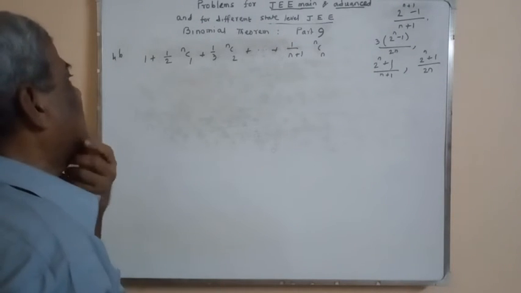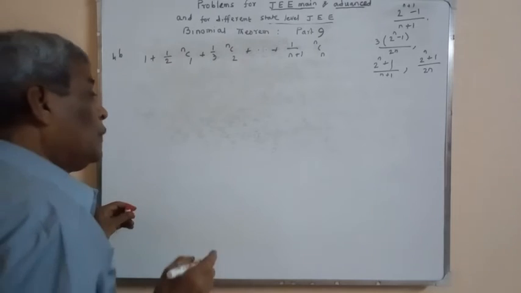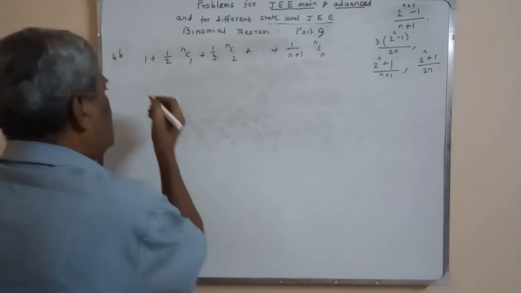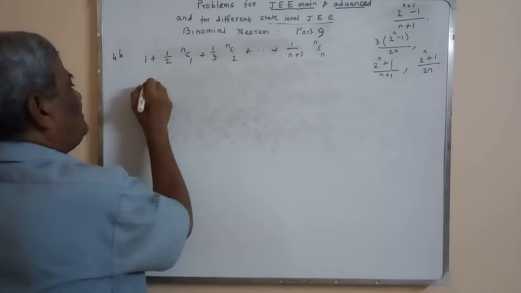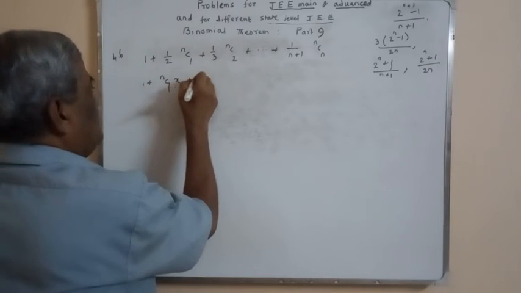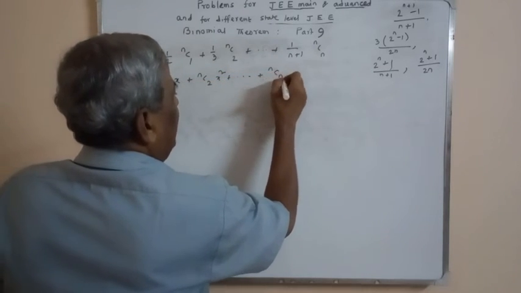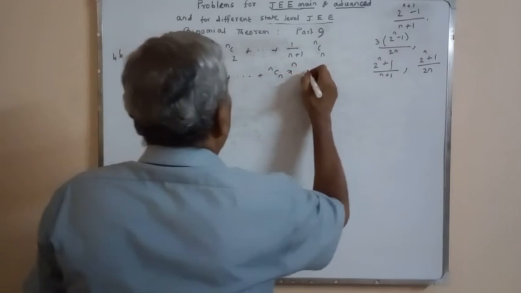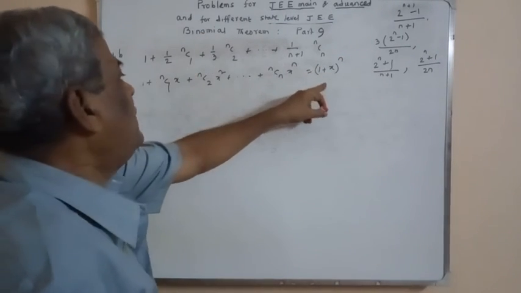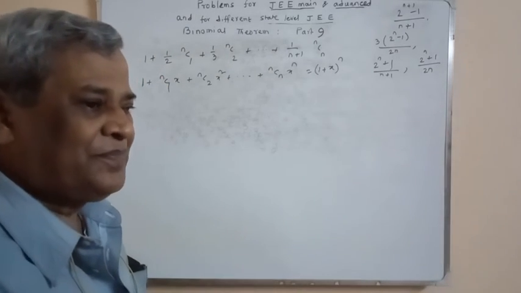Here nothing else is given, we have to find the sum of that. We know that the binomial expansion of (1 plus x) to the power n: 1 plus nC1 into x plus nC2 into x square up to nCn into x to the power n is equal to (1 plus x) to the power n. This is a formula.